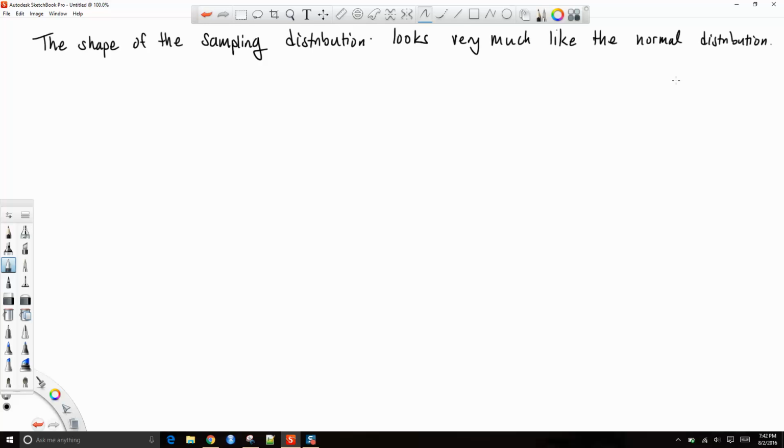In fact, there's something called the central limit theorem that proves that this is the case.